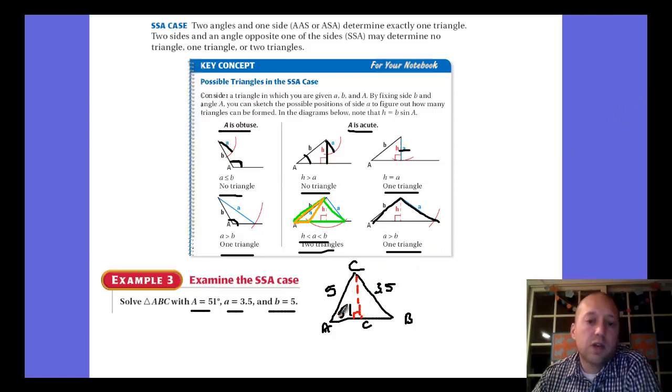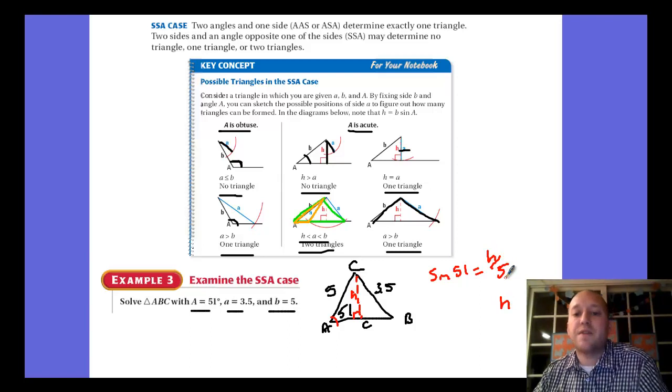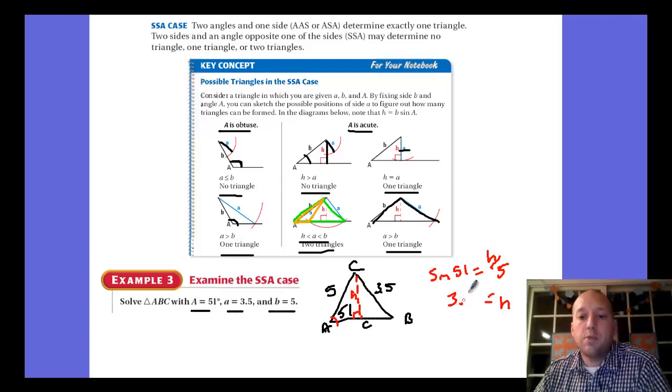So in this triangle here, here's our angle. h is the opposite, 5 is the hypotenuse. So sine of 51 equals h over 5. If I multiply both sides by 5, I find that h is 3.89.